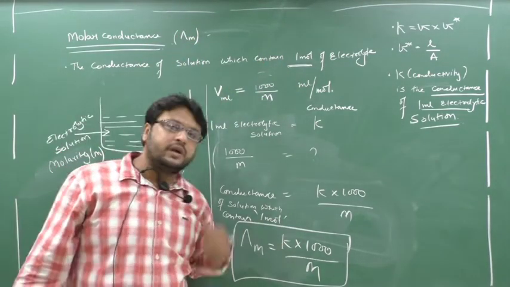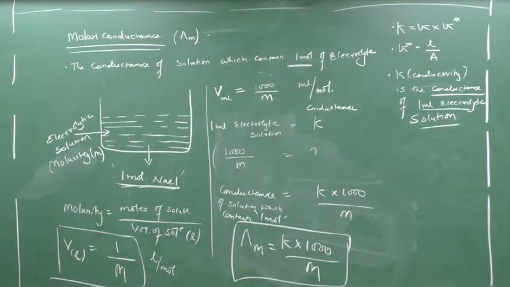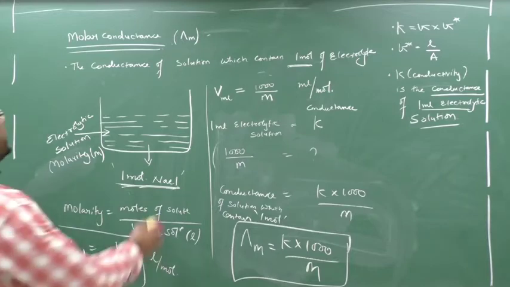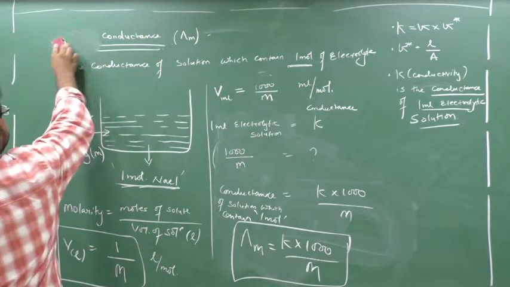So lambda m equals K 1000 upon M. Remember this formula. Clear? Okay.